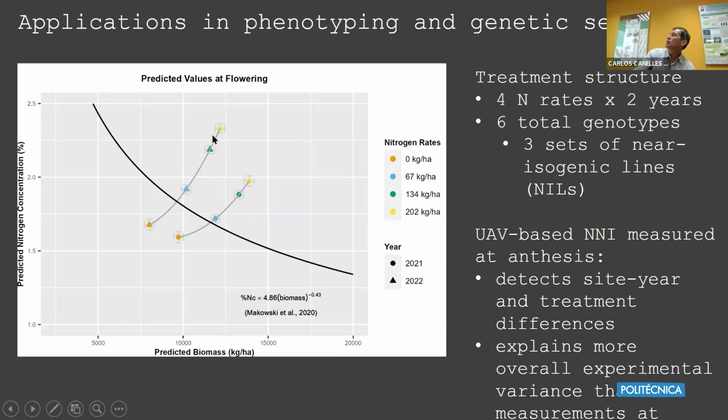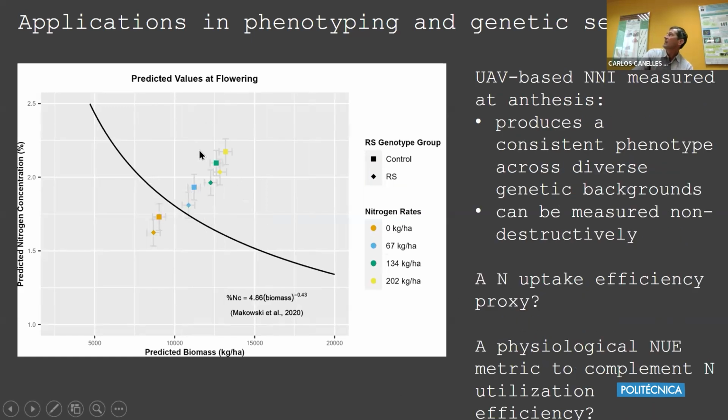But we're seeing really good differentiation. This is one season across 4 rates. This is another season across 4 rates. And in a typical nitrogen rate trial, the site year effect is a huge impact. But the nitrogen nutrition index is kind of normalizing that on its own already. So that environmental effect is really being reduced in these trials. And importantly, picking out genetic differences.